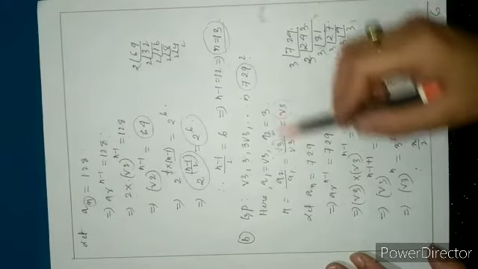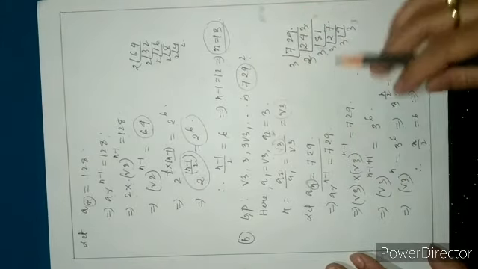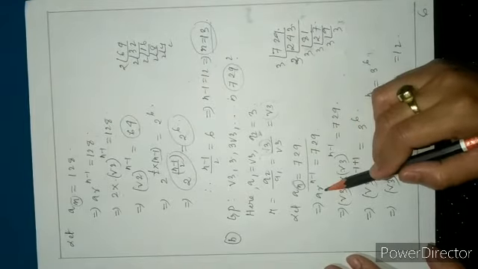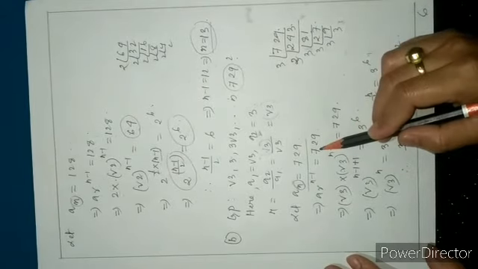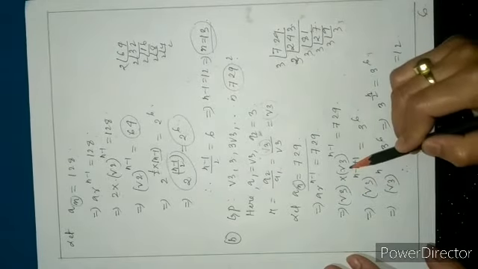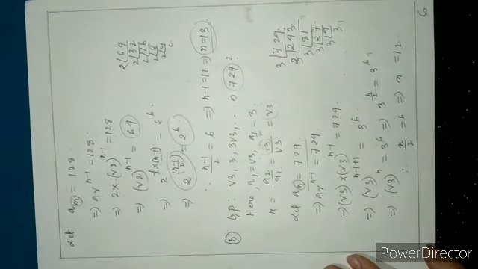Then let us suppose that 729 is the nth term of the GP, and now we're going to find n. An, which is 729, equals A R to the power n minus 1. The value of A is root 3 and R is root 3, so root 3 to the power n minus 1 is equal to 729.